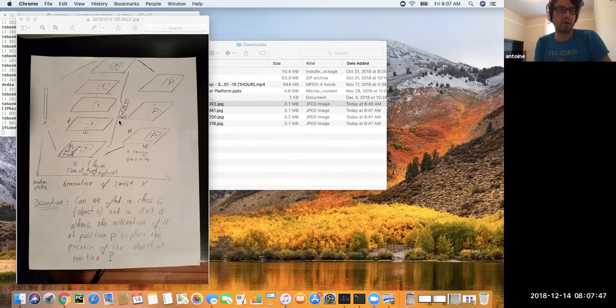Identifying correlation between unit activation and objects of a specific class is what they call dissection, and they start with that. Then what we can do is understand the way they do it.